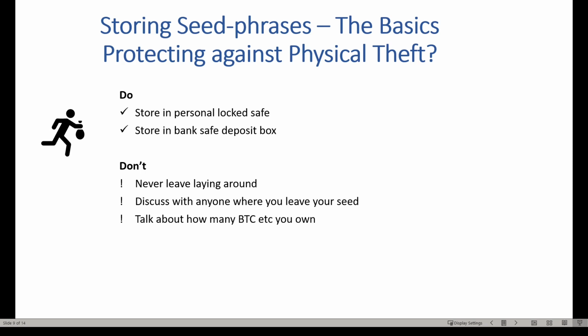Now, obviously, that comes at a cost. You've got to pay for those services, but you may already have them from holding some gold or something like that. If that's the case, then you can put your seed phrase somewhere nice and safe like that. Once again, physical theft: if you leave it laying around, it's more than likely going to get stolen.